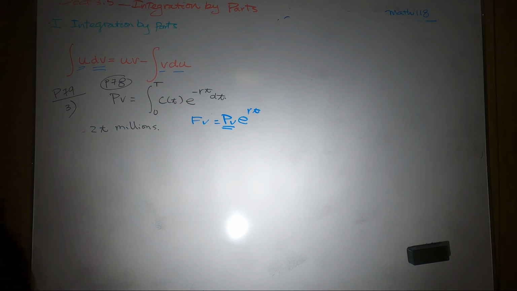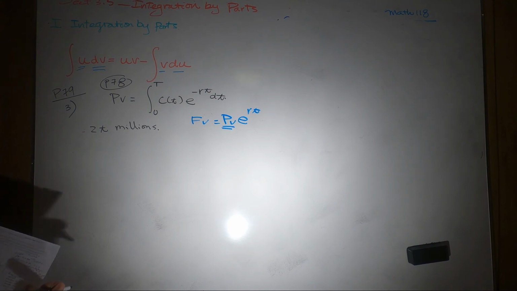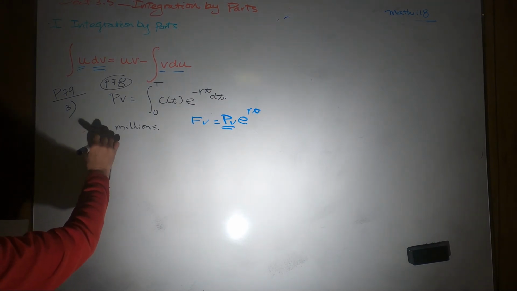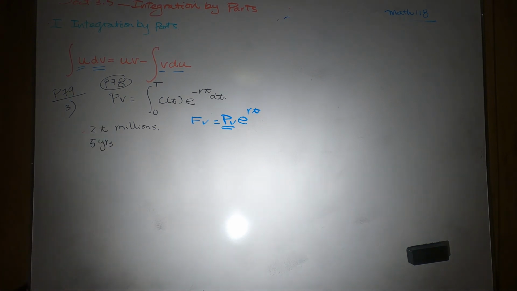Then we do the integral for it, right? So this question is telling you for the next how many years? 5 years. You will have a stream of income, $2 million per year.